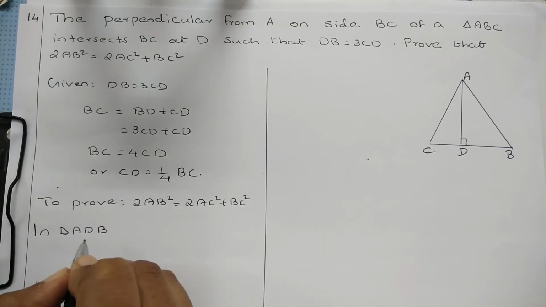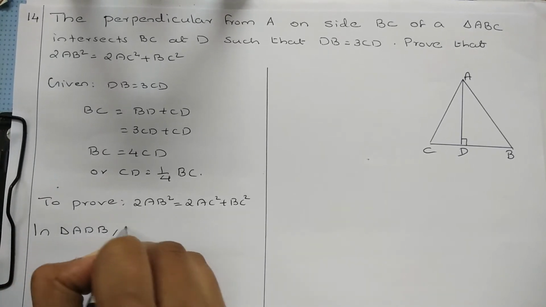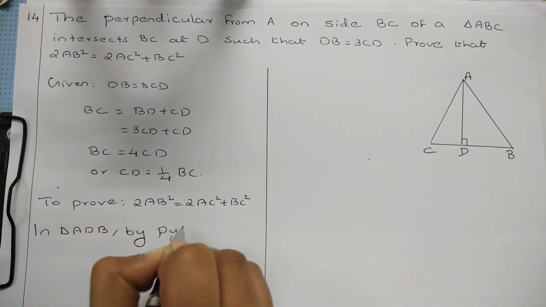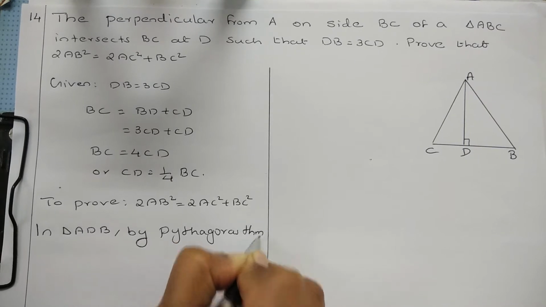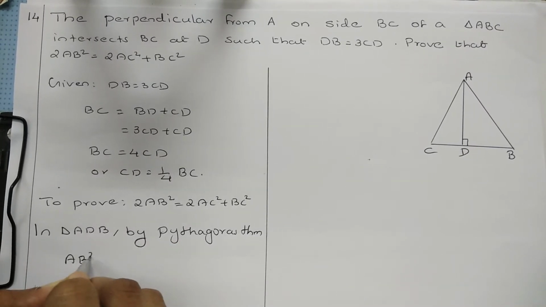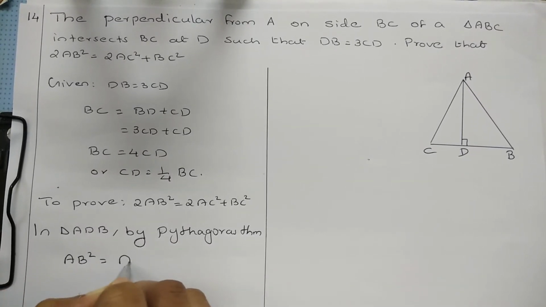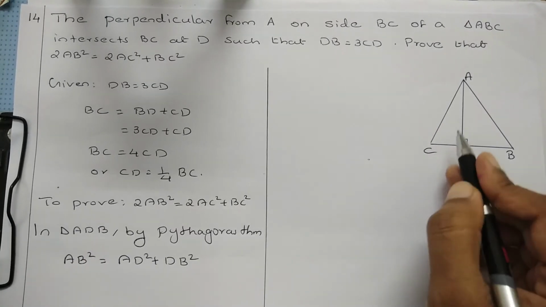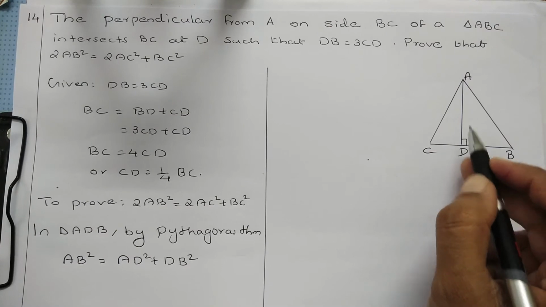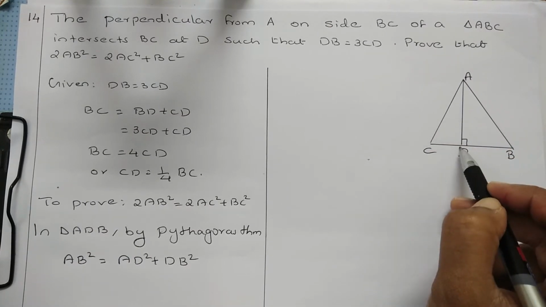By Pythagoras theorem, AB square is equal to AD square plus DB square.